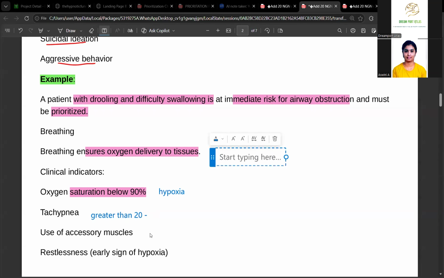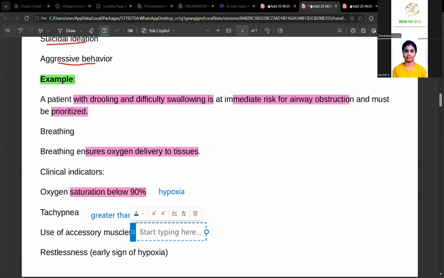Yesterday we learned about this. Work of breathing increased. Actually, in such cases, breathing is our highest priority. Airway plus breathing, that means we have to look at the vital signs, respiratory rate, and oxygen saturation.